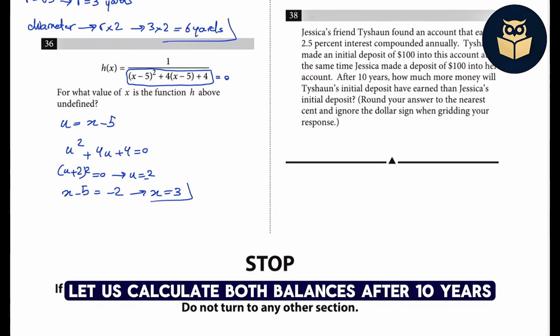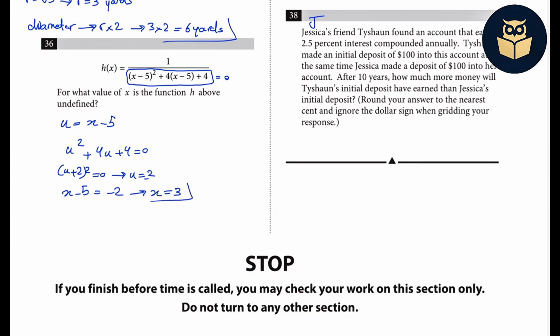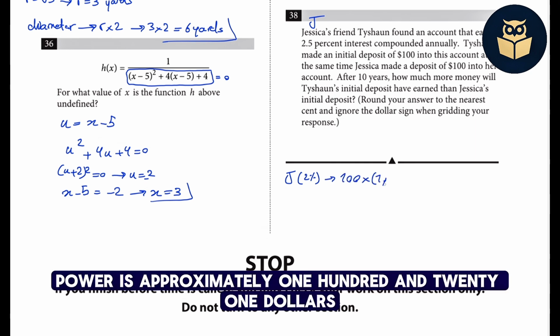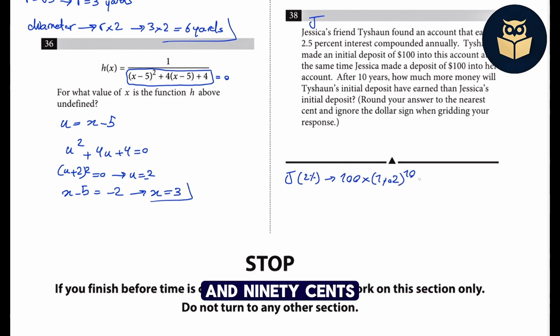Let us calculate both balances after 10 years. For Jessica, 100 times 1.02 to the 10th power is approximately $121.90.